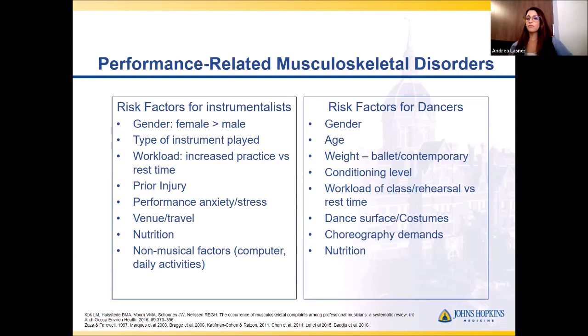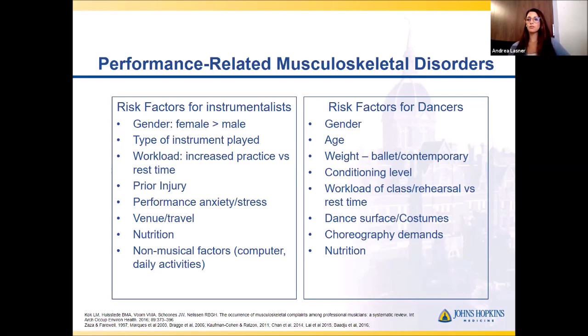But female musicians tend to have an increased injury risk. Then looking down to performance anxiety and how that plays in with the musician, and then dance surface, costumes, choreography demands, and of course, notably nutrition.